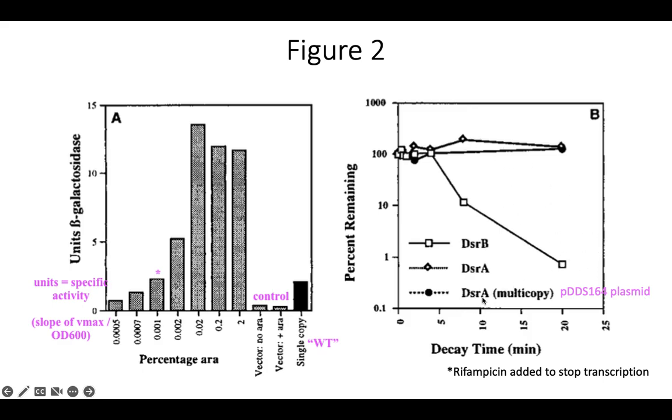This over here just indicates a version of that plasmid that had multiple copies of DsrA. So the way that we got this chart over here is they just added this chemical to stop transcription and measured the amount of the DsrA RNA over time.